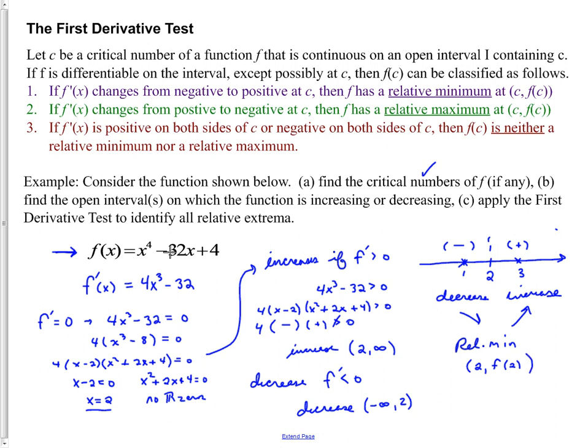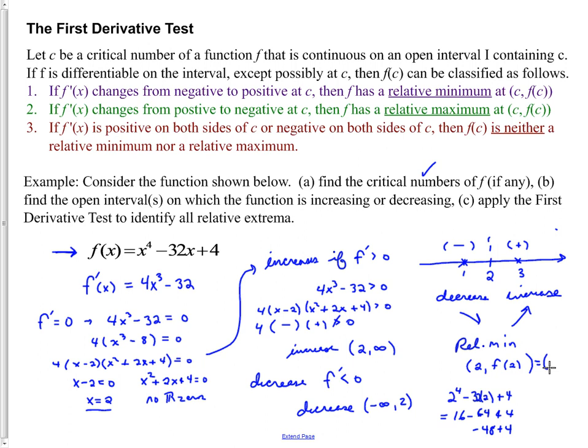Well, what is f of 2? Now we need to go back up to our original function. f of 2 is 2 to the 4th minus 32 times 2 plus 4, which is 16 minus 64 plus 4. 16 minus 64 is negative 48, and negative 48 plus 4 gives us negative 44.